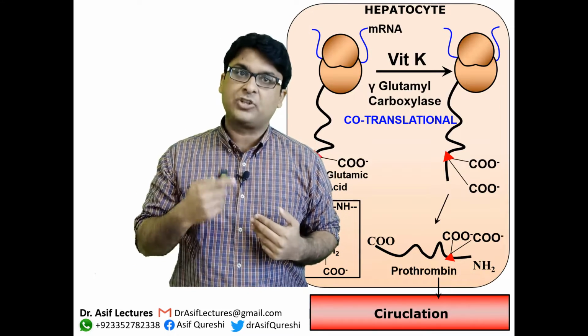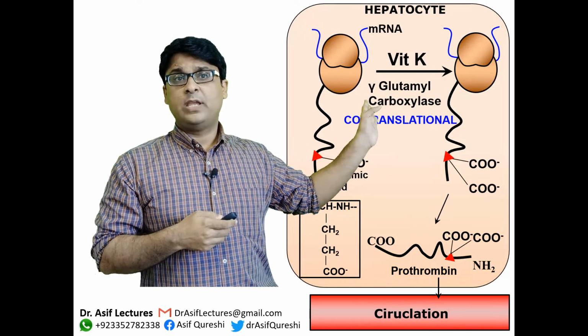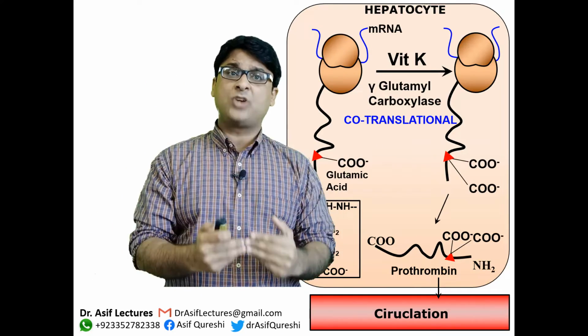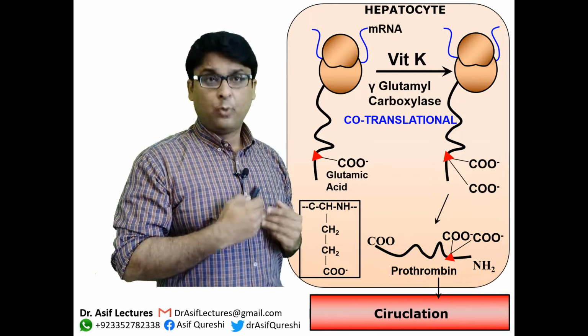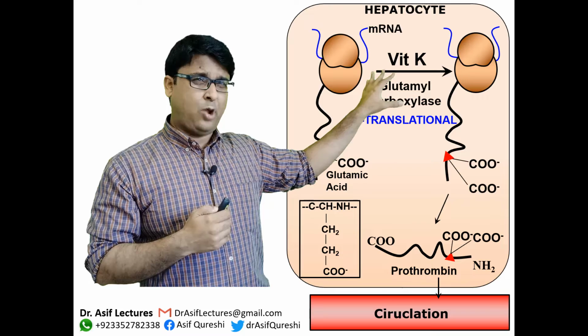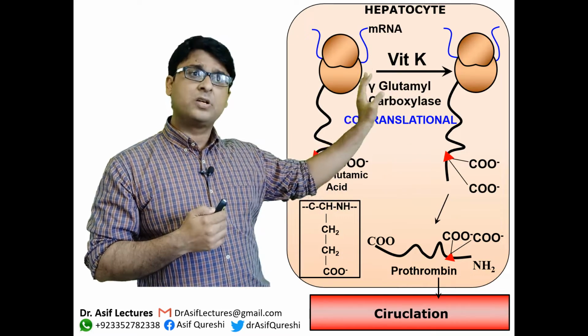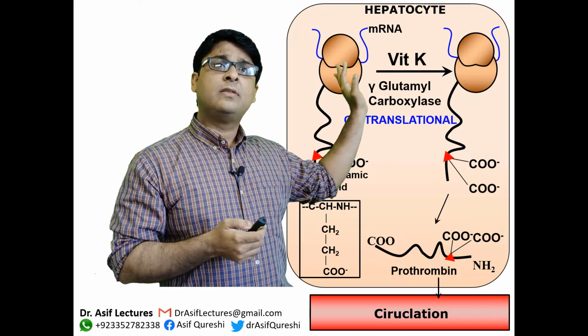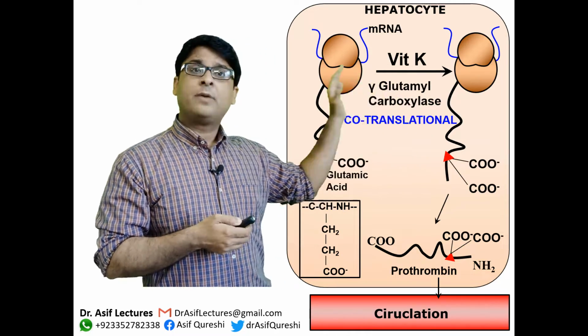So we have to remember that gamma carboxylation is a co-translational modification. It's not post-translational. The vitamin K process does not work once the protein is made. It only works while the protein is in the process of being made.